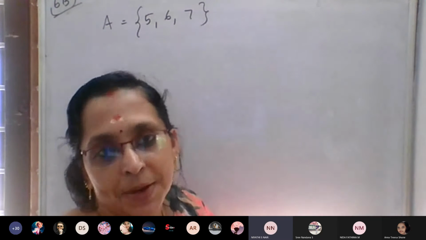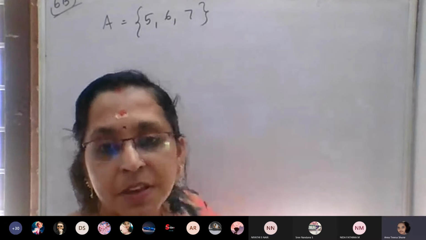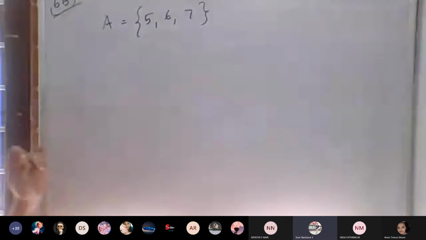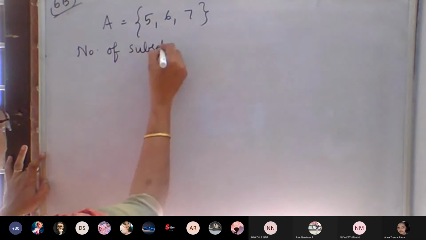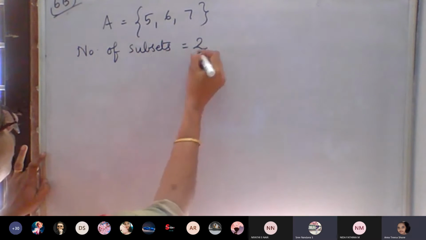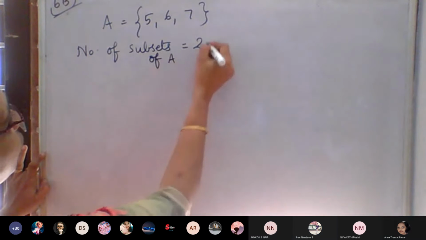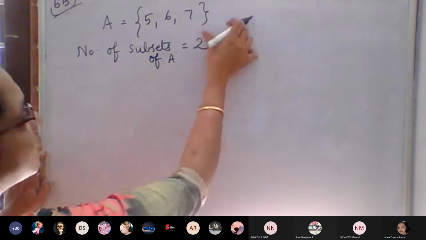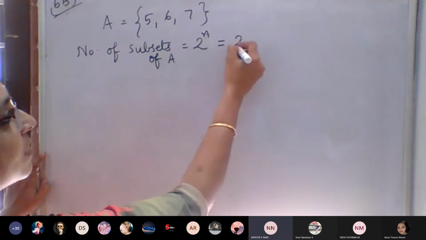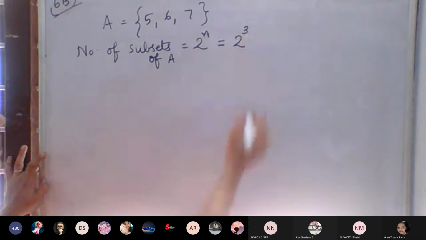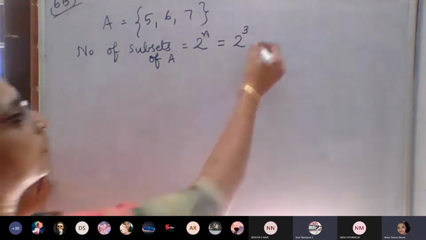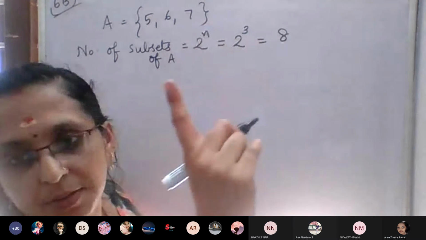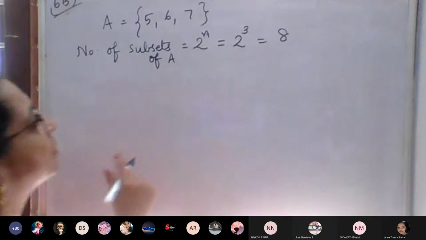Write the formula: the number of subsets is 2 raised to n. Here n is the number of elements in the set, which is 3. So 2 raised to 3 is equal to 8. There should be 8 subsets, no? So which are the subsets?